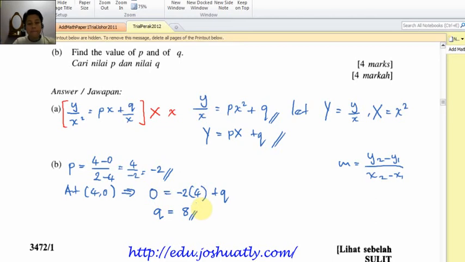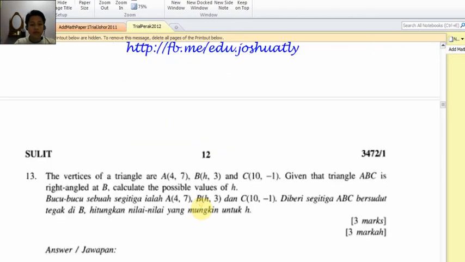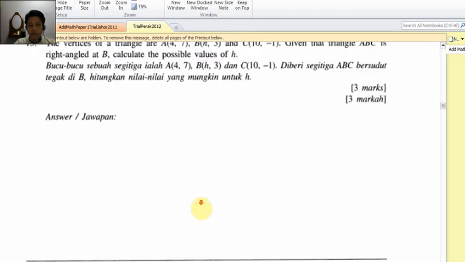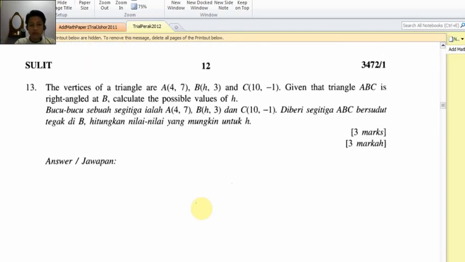Alright, let's move on to number 13. The vertices of triangle are A (4, 7), B (h, 3), and C (10, -1). Given that the triangle ABC is right angled at B, calculate the possible values of h.